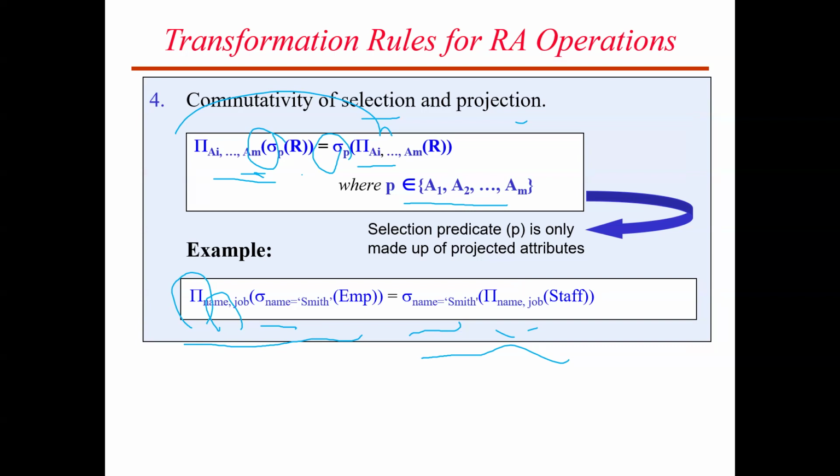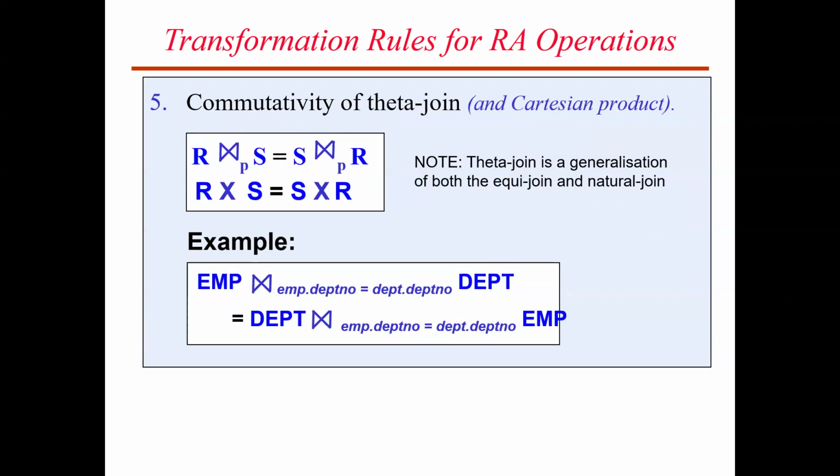It is equivalent to select the name and the grade where name is equal to Sarah, or select name equal to Sarah, then get the grade and the name for her. It is the same. This is called commutativity of selection and projection.